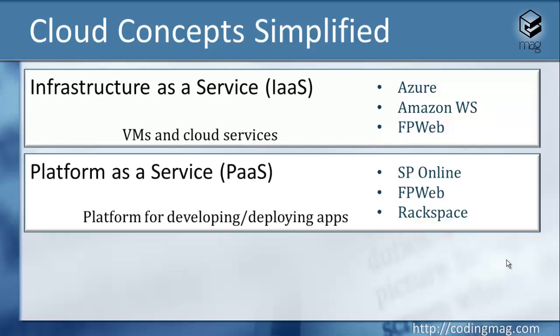And here we see again FP Web. It's a popular, trendy cloud service provider nowadays, and it's a sponsor of most of the events, for example SharePoint Conference or SharePoint 24, etc. And Rackspace is another provider.